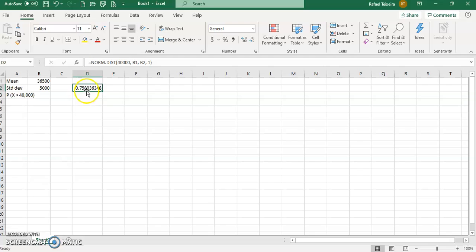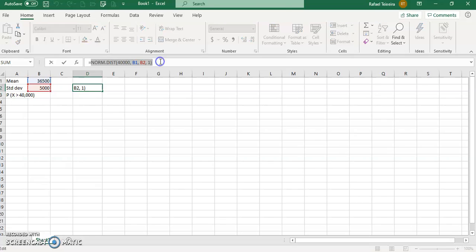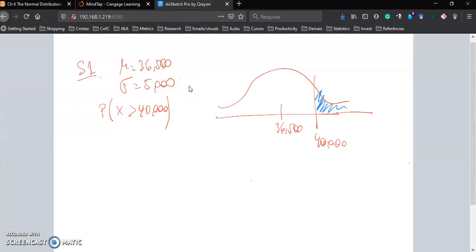So I want to highlight and illustrate using this problem that when we use this formula in Excel, what Excel is doing is computing the probability from the lower tail up to the value we chose. This is what Excel does in that formula.